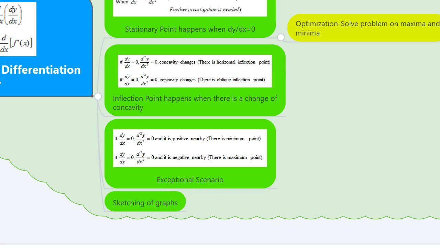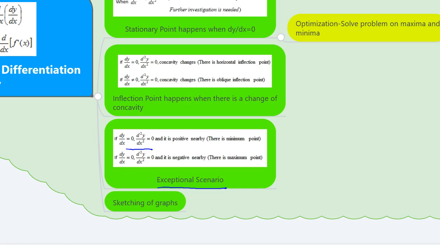We also learned that there is an exceptional case. When first and second derivative equal 0 at a certain x value, we have to do further investigation to verify whether that point is a horizontal inflection point.